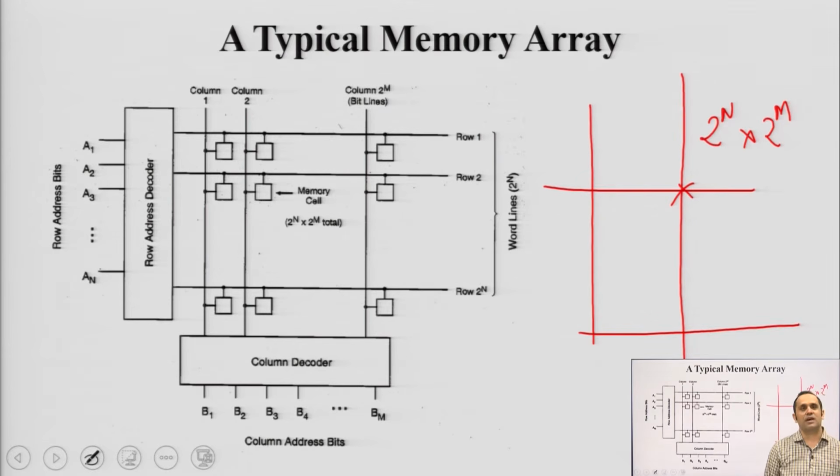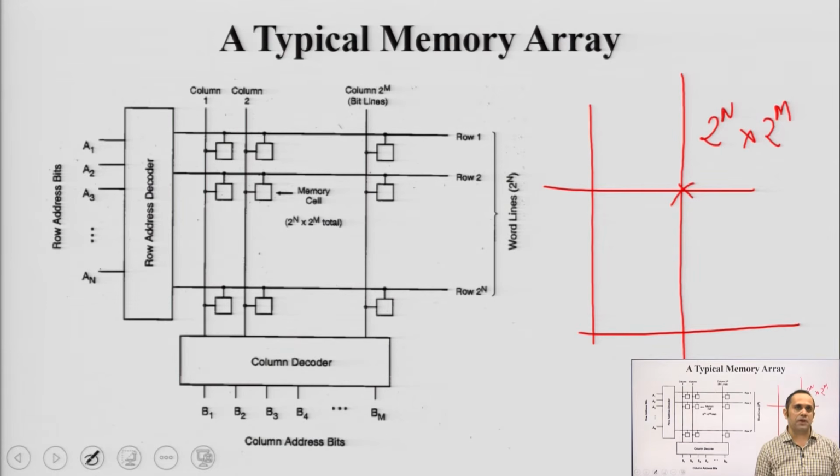And once you access that location, you can either write into that location or read from that location, and depending upon the speed of your memory or your level of design, you can access multiple cells at the same time, and you can do multiple read and write cycles at the same time. Most of the memory circuits which we are going to discuss, or most of the examples which we are going to go through, have this general structure.